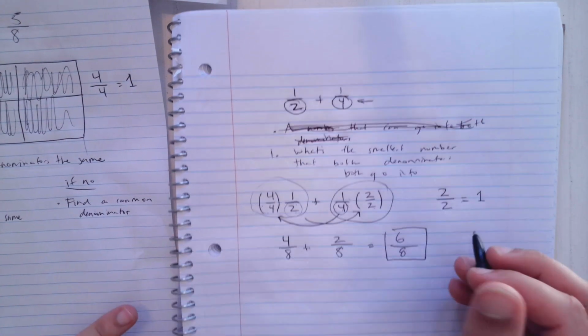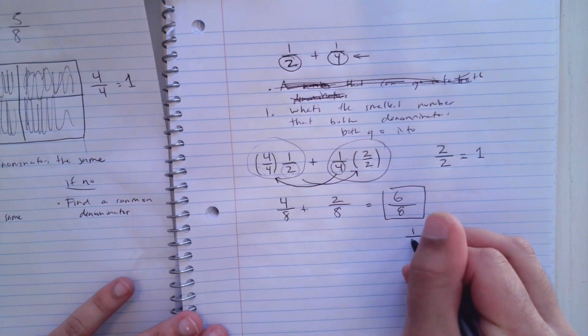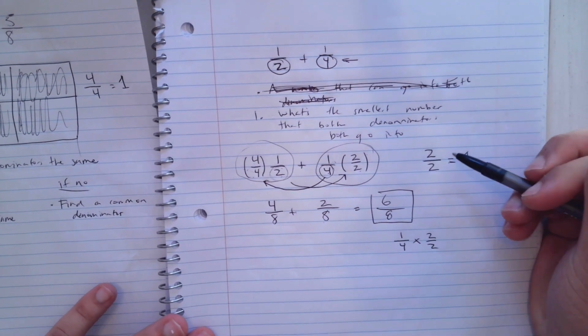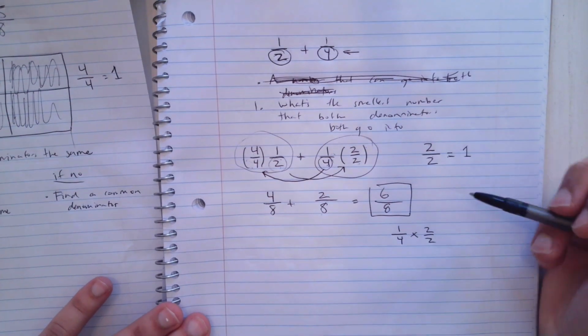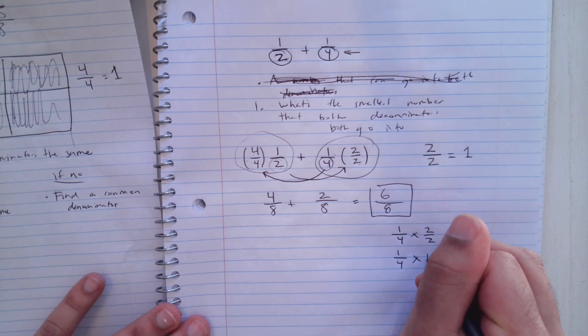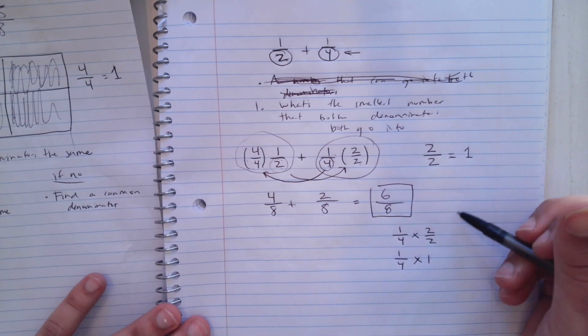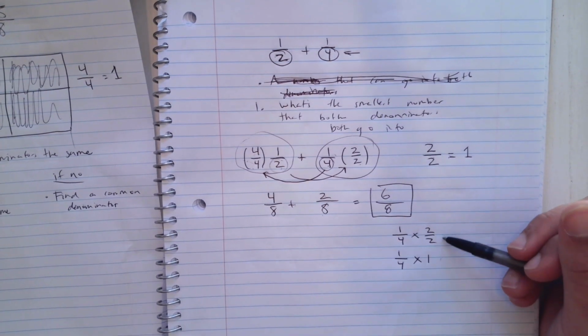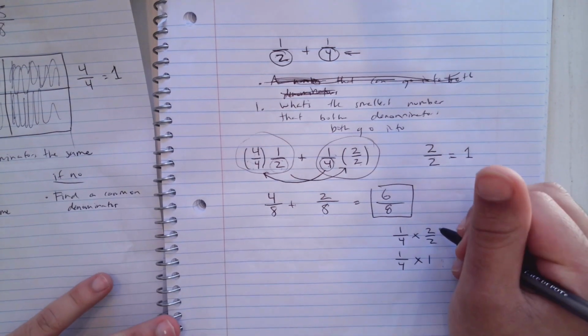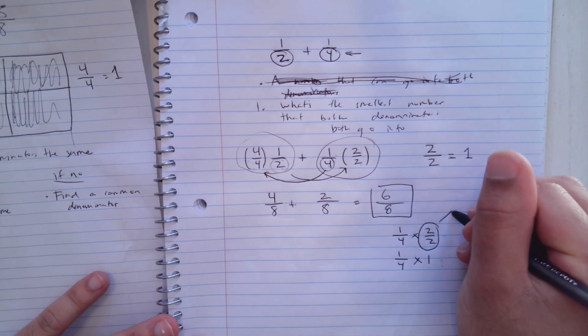Now here's a question. Let's take a look at 1/4 times 2 over 2. So if 2 over 2 is equal to 1, I could write this like this. Do you see how I got from here to here? Right, because any number divided by itself is equal to 1.